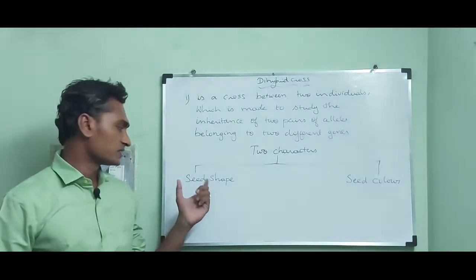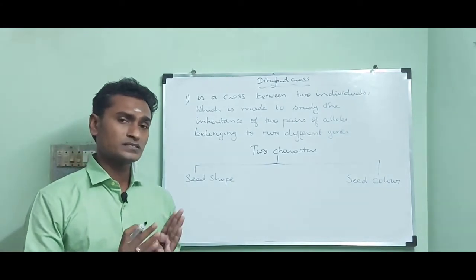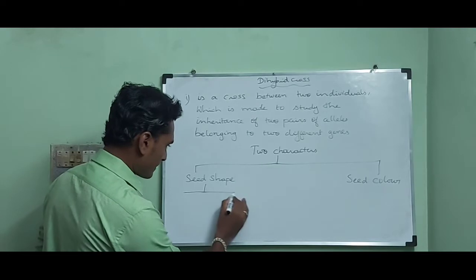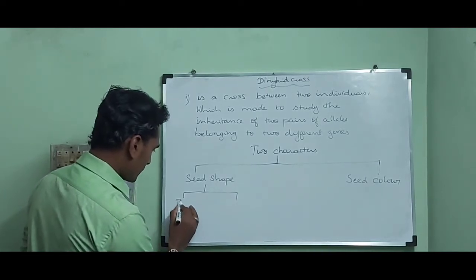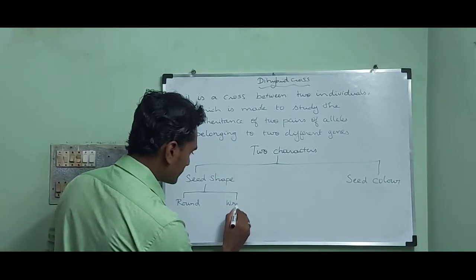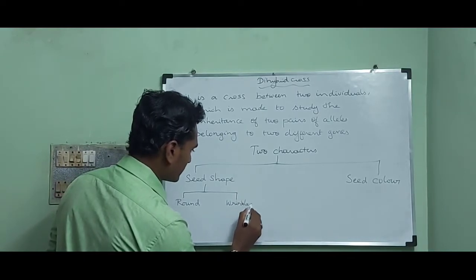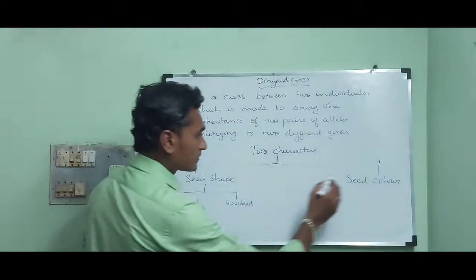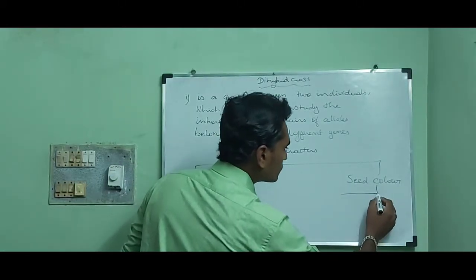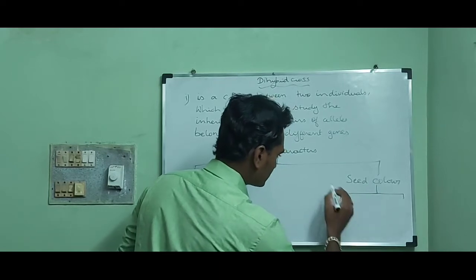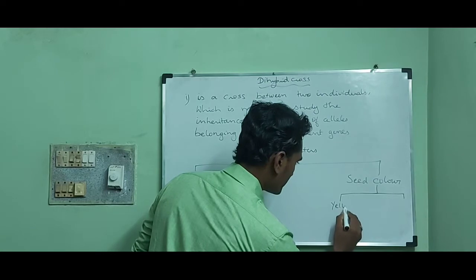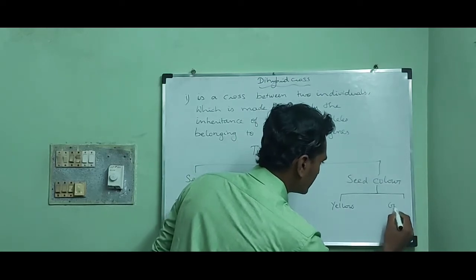In seed shape, we have two possibilities of traits: round and wrinkled. In seed color, the two possibilities are yellow and green.